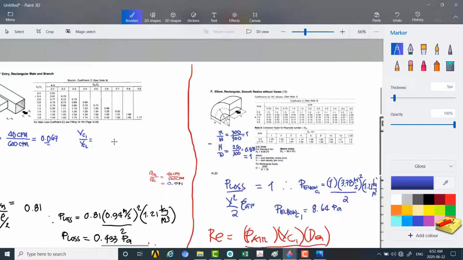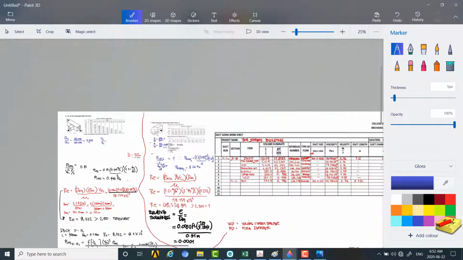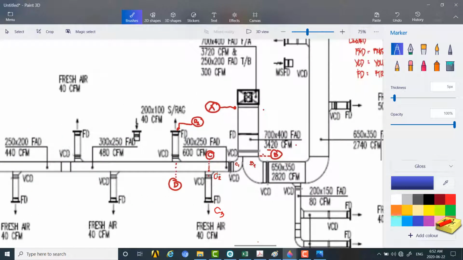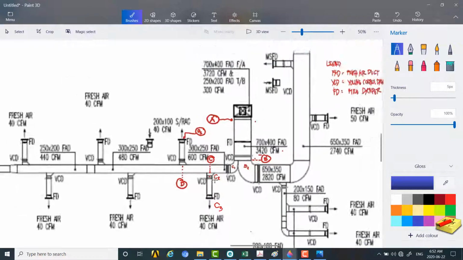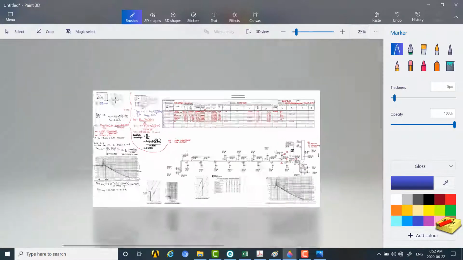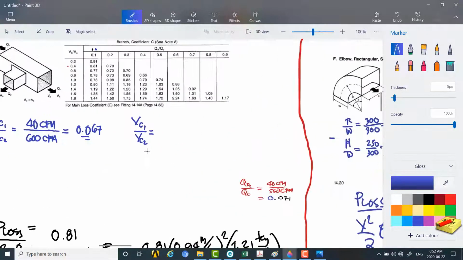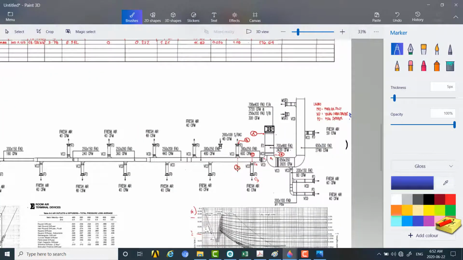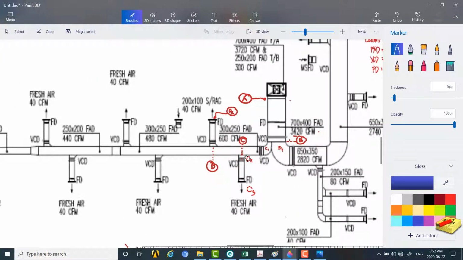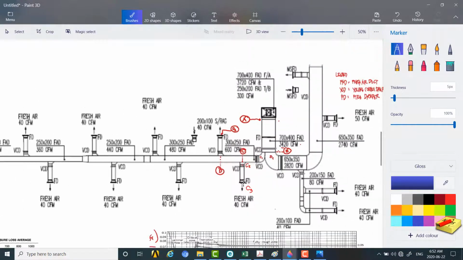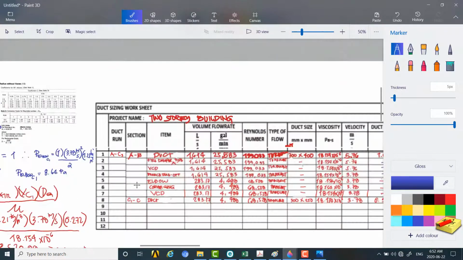Okay, then if you can see, that will be velocity C1 and velocity C2, or it can also be C3, so it is the same, C2 or C3 at this point. So the velocity from here and here are also the same.